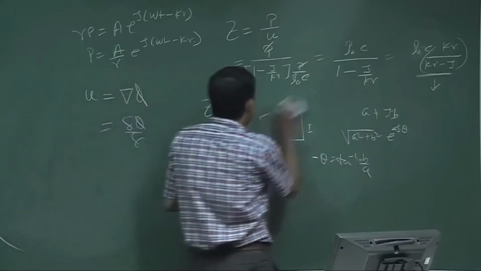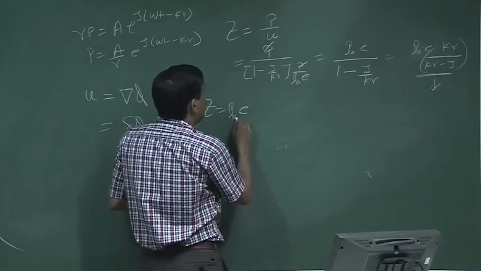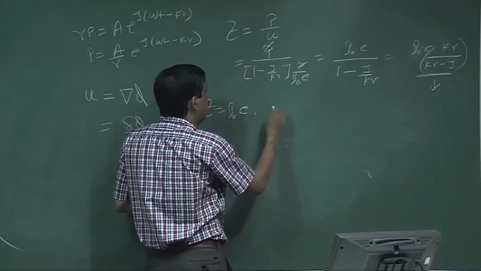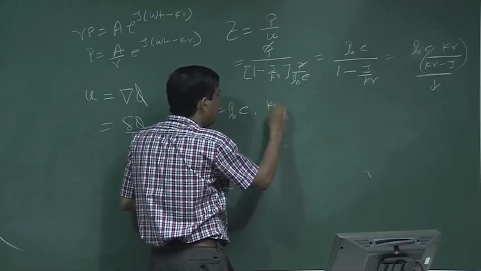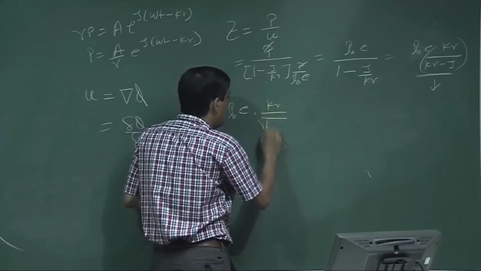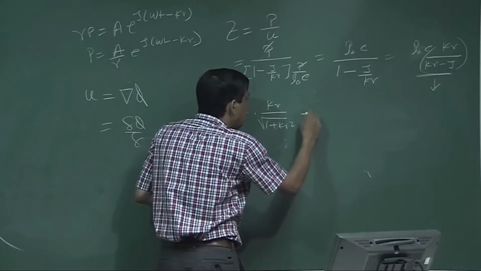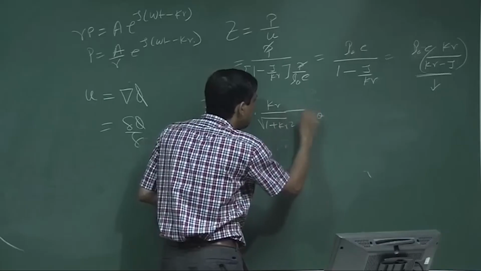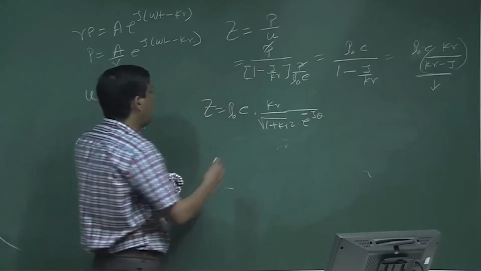So, instead of 1 by k r into j, I can write rho c into k r by root over 1 plus k r square into e to the power minus j theta.